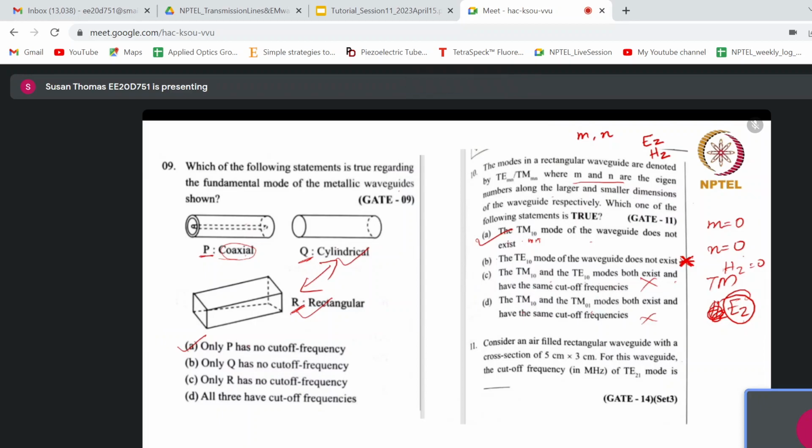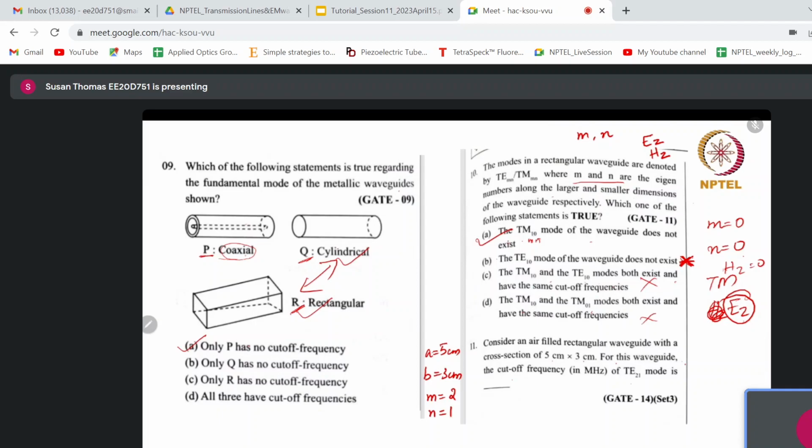Now the 11th question. Consider an air-filled waveguide with a cross-section of 5 into 3 centimeters. For this waveguide, the cutoff frequency of TE21 mode is. So TE21 mode. So A is 5 centimeter and B is 3 centimeter and M is 2, N is 1.